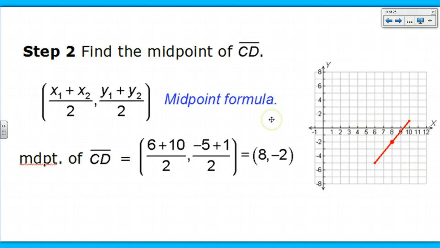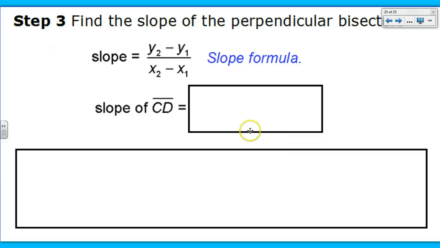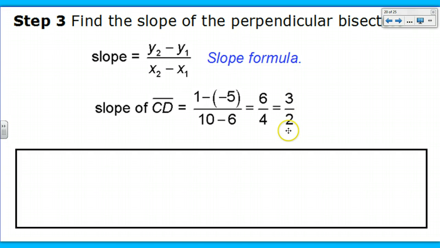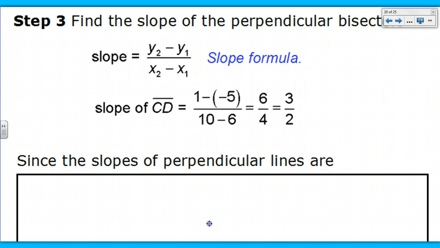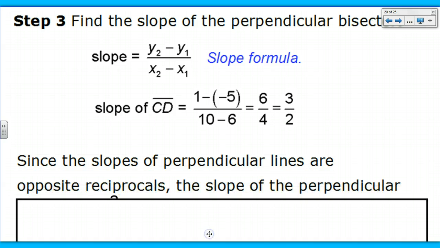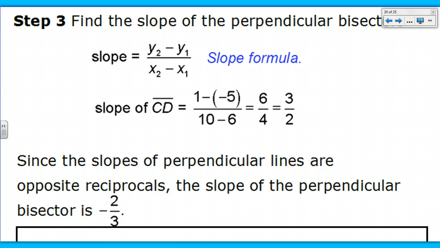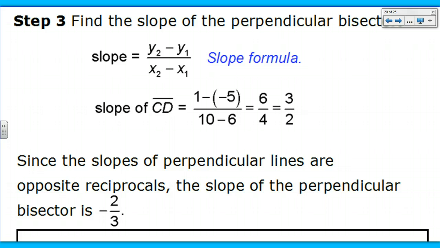So right now we're going to find the slope of the given segment, and go ahead and find that. Come on back. And you should have found 3/2, right? And we need to recall that the perpendicular slope is a negative reciprocal of a segment's slope, right? So we know that the new line will have a slope of -2/3.